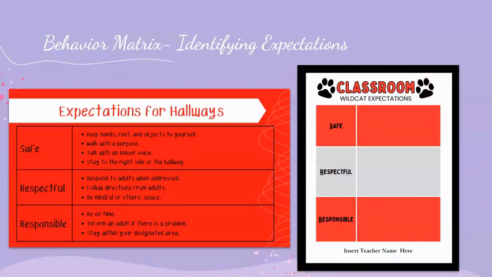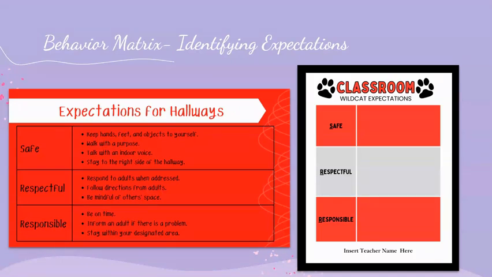Just to break it down to our level, at the campus level, this is what the behavior matrix looks like. At the very beginning of the school year, as a staff, you decided what the expectations should be for students in different scenarios throughout the school. Safe, respectful, responsible was the verbiage that you utilized, and then you decided what those three things look like.